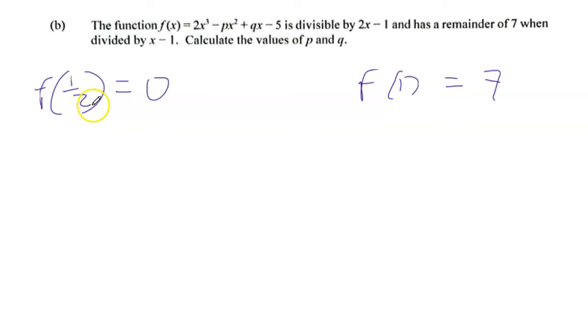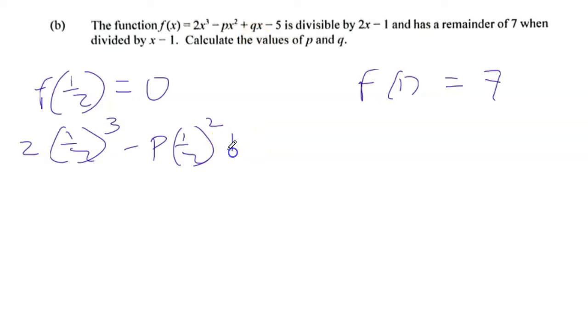Alright, so f of half means we're going to replace each x term with half. So 2x cubed becomes 2 times half cubed, minus px squared, so minus p times half squared, plus q times half, minus 5.